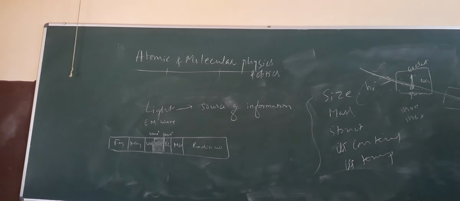It consists also of yellow. The yellow of mercury is different, the yellow of sodium is different. There are several yellows. Each atom or element has its own particular lines. Sodium 5890.